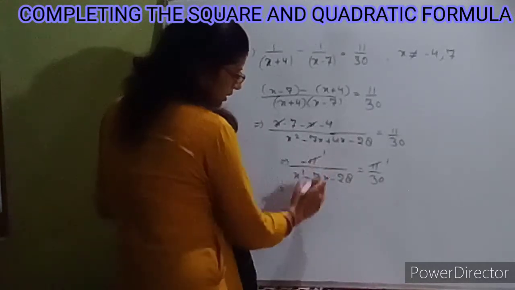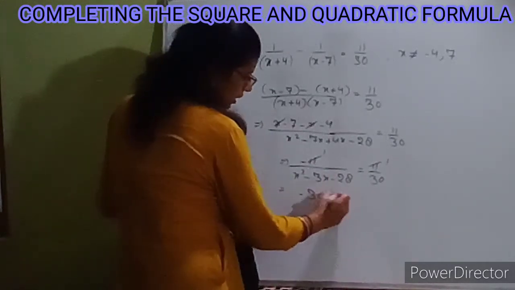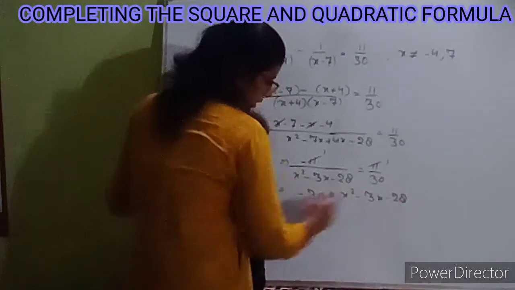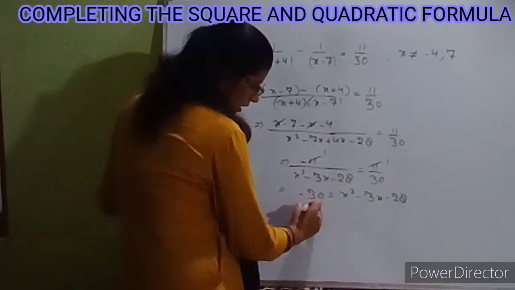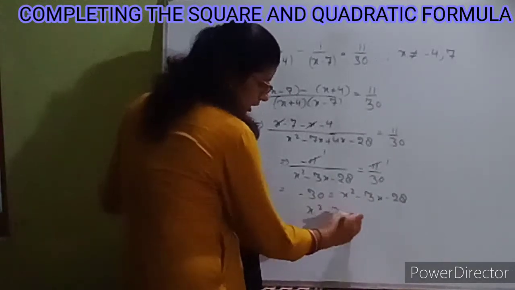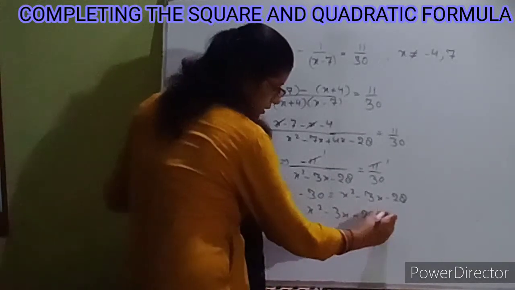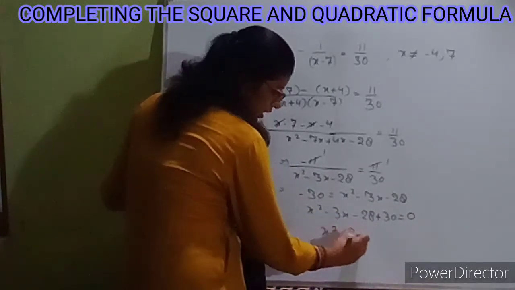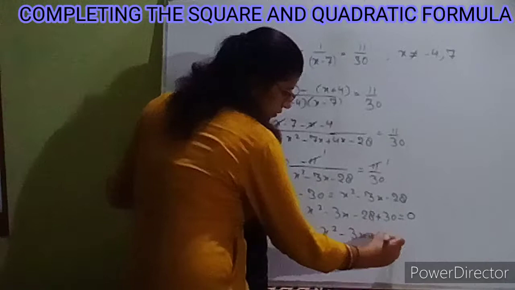So 30, I am sending this side, this will become minus 30 equals to x square minus 3x minus 28. Plus, I am sending this side: x square minus 3x minus 28 plus 30 equals to 0. So the quadratic equation I am getting is x square minus 3x plus 2 equals to 0.